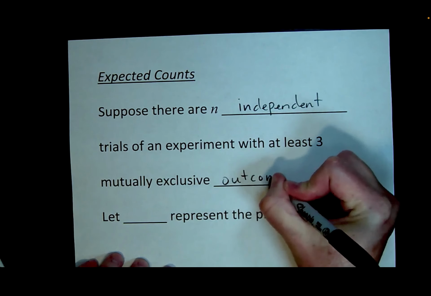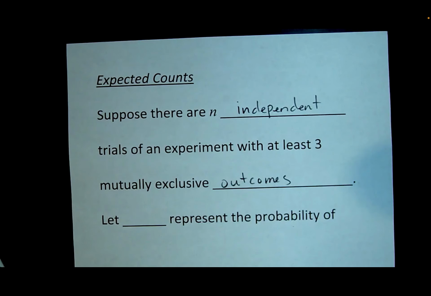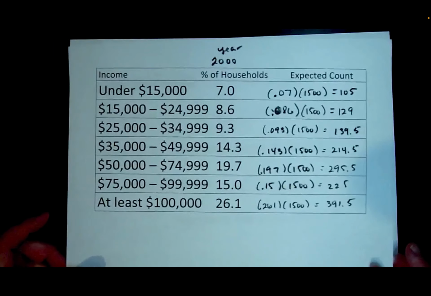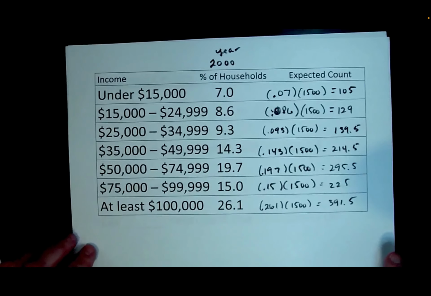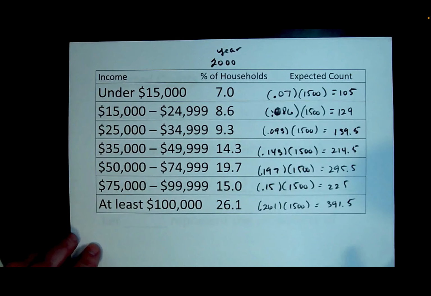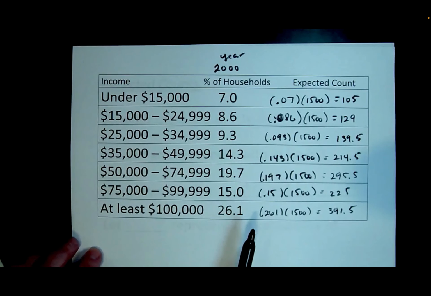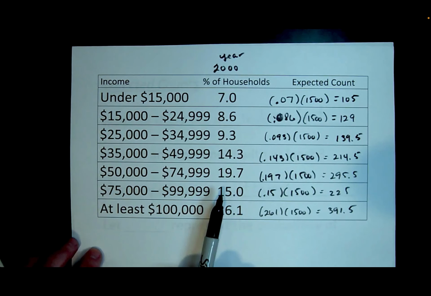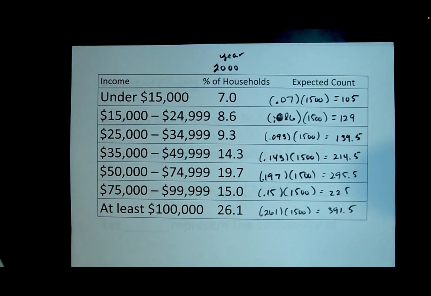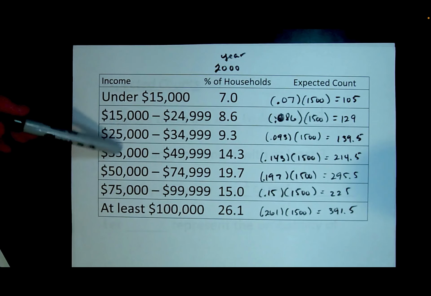So this is the setup here, and let's go back to our little example and just talk about what we mean by independent trials. Selecting a household to ask their income of, that's one trial. And the possible outcomes of that trial are one of these 7 categories.